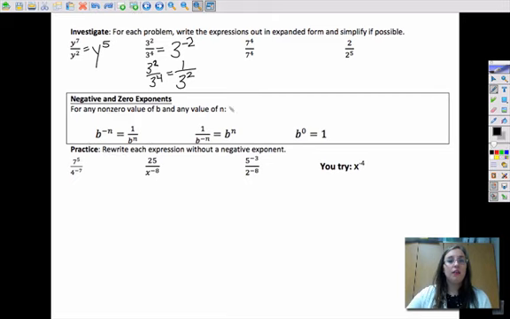The other thing is that if we've got a negative exponent in the bottom of the fraction, we can think about the reciprocal of it and changing it to the positive. So if I have 1 divided by a negative exponent, I can take the reciprocal and make the exponent positive. And then the last thing that you just have to kind of remember is that anything to the 0 power is 1.